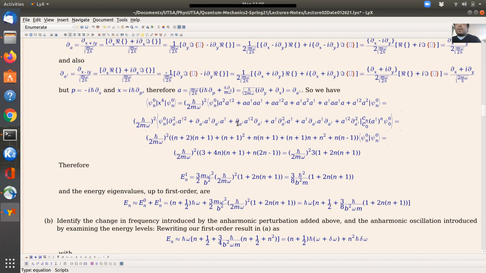If you were to do this, for example, monitoring this term, you would have partial squared of a to the n plus 2, right? So that's why you have n plus 2, n plus 1, okay? And so on. Basically you raise a dagger by a power. That's why you have n plus 1, then take the derivative, and then you do that 2 times. So that's why you get n plus 1 squared.